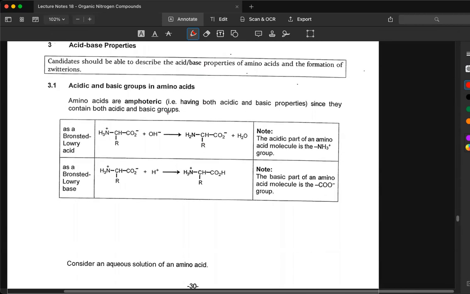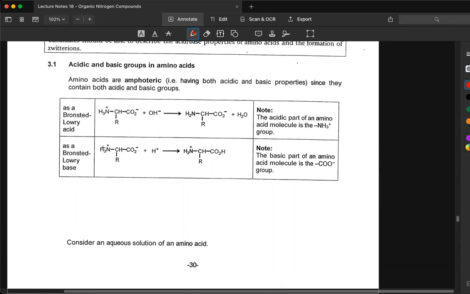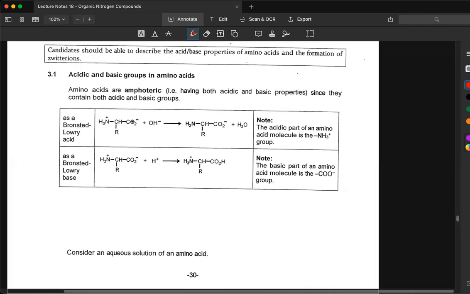Amino acids are amphoteric. They have both acidic and basic properties because they have both acidic and basic groups. So it can act as a Bronsted-Lowry acid, where the NH3+ reacts with the OH-.